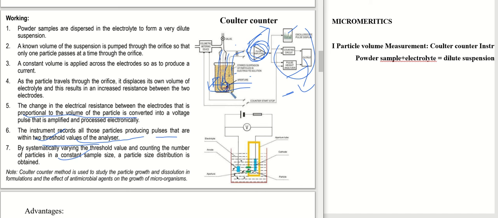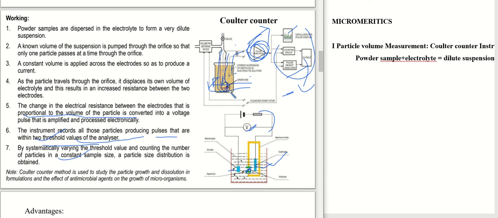So this is the working diagram, where we will be seeing one electrode and the second electrode in the glass tube. On the second electrode we are having some orifice. When a particle passes through this orifice, there will be some deflection here, a change in the voltage, because when a particle enters, it is displacing the electrolyte solution here.